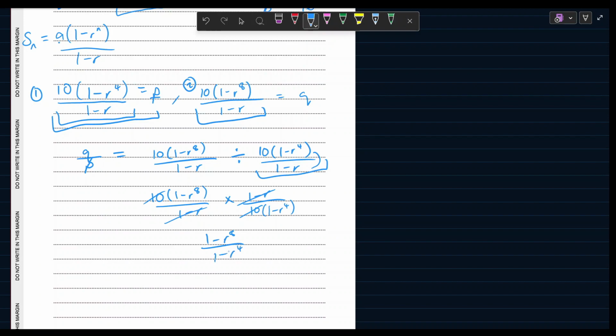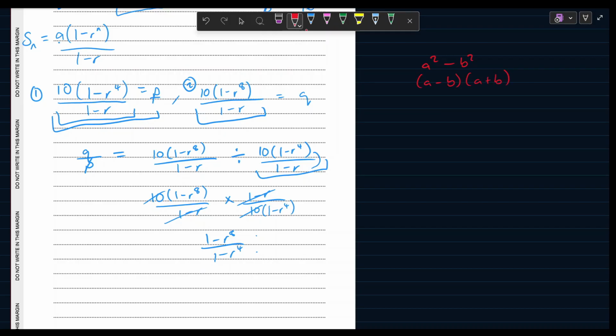And notice how we've got a difference of 2 squares in both our numerator and denominator, but we are more interested in the difference of 2 squares in the numerator. A difference of 2 squares is a squared minus b squared, which can be expressed as a minus b times a plus b.